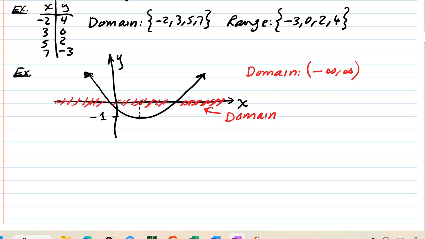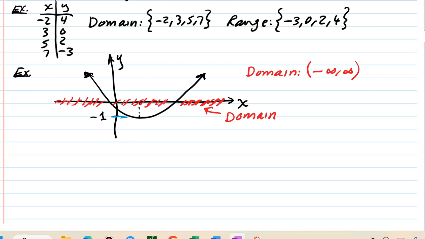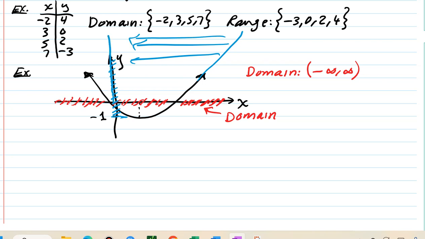Now for range, we're going to look at the y-axis. If you look, there is no point below -1, right? There are no values below -1 along the y-axis. But as I go higher and higher, there's always going to be a y along the y-axis.